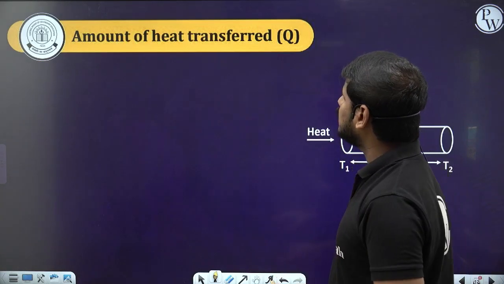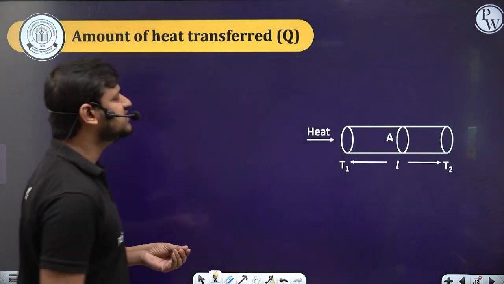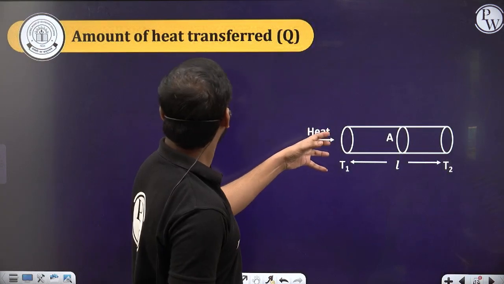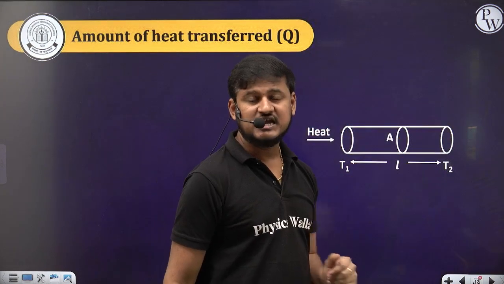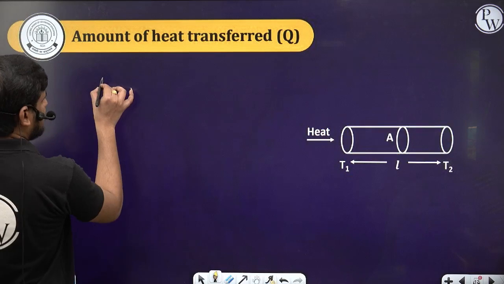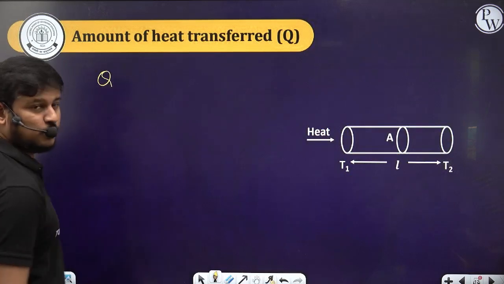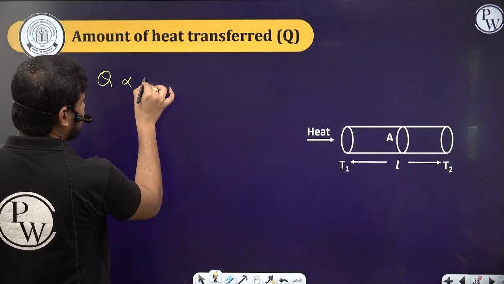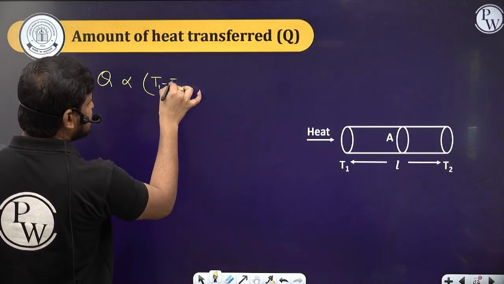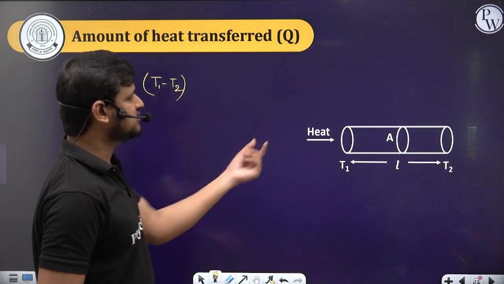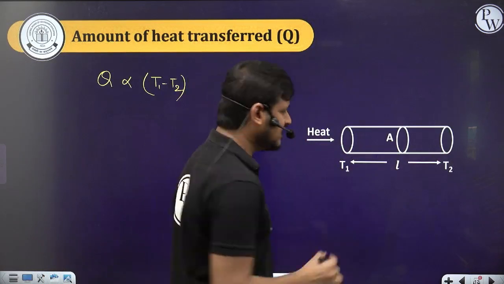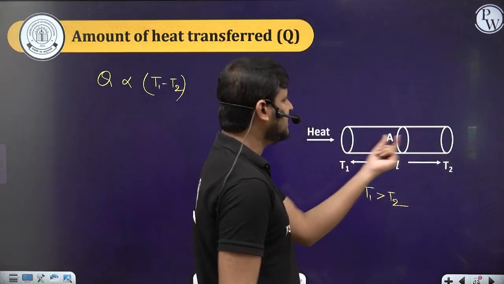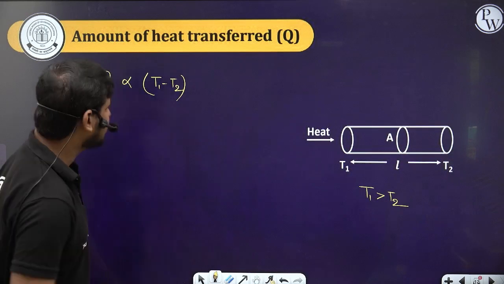Now, the amount of heat transferred is denoted as Q. How much heat has transferred from this end to this end depends majorly on the temperature difference. T1 should be greater than T2, then only the heat transfer takes place from one end to the other.